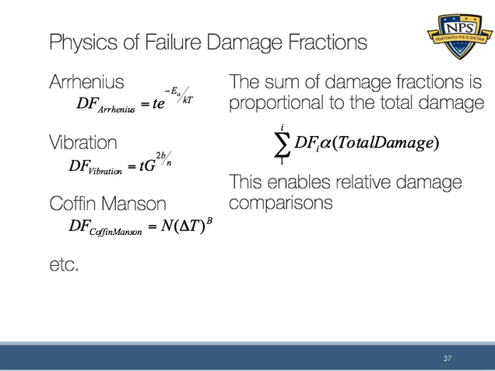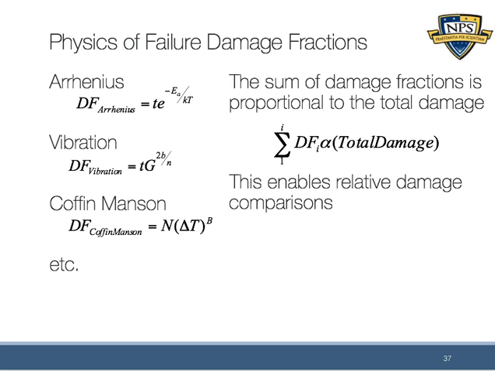Okay, so one of the last things I want to discuss in this lecture is this idea of damage fractions. We can look at the total damage of temperature and vibration by adding up the different models that we've looked at: the Arrhenius, the vibration, the Kaufman-Manson, and so on.